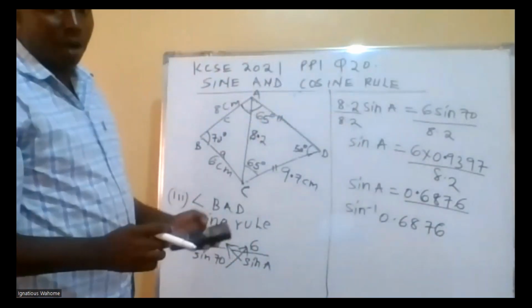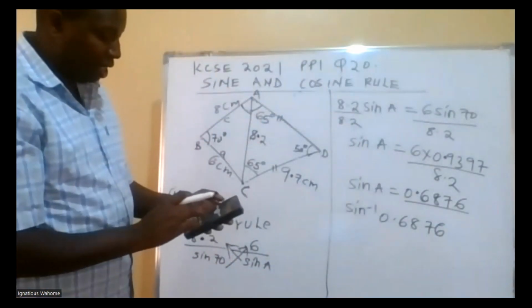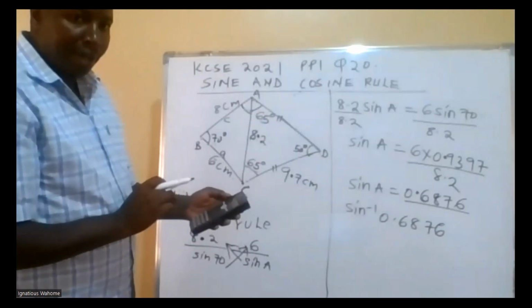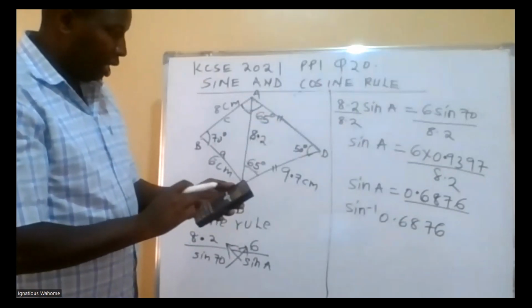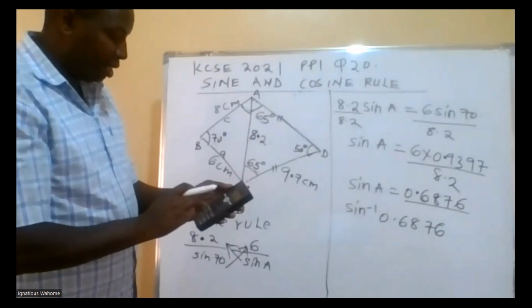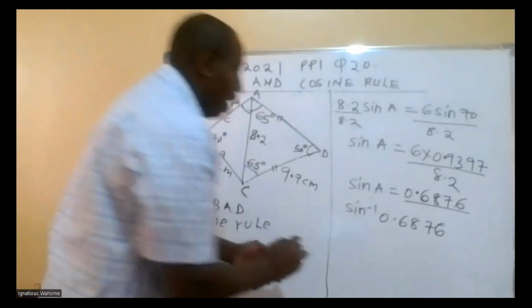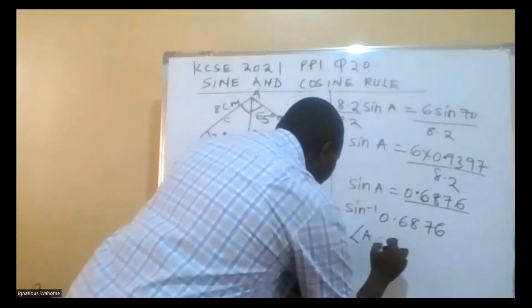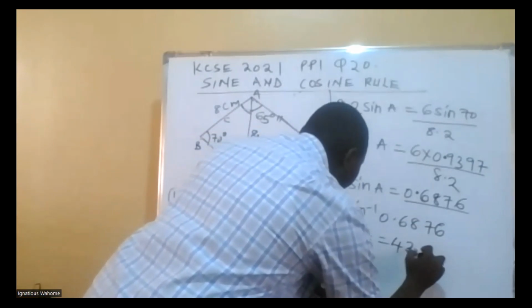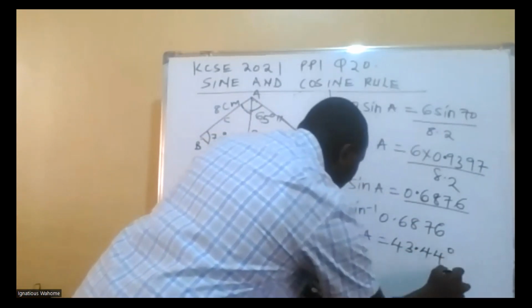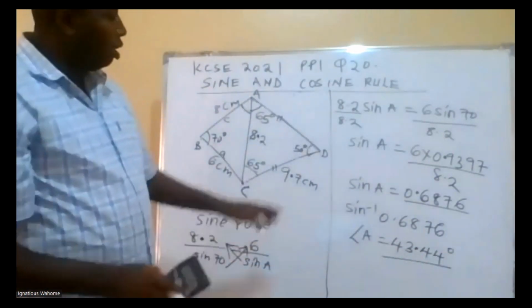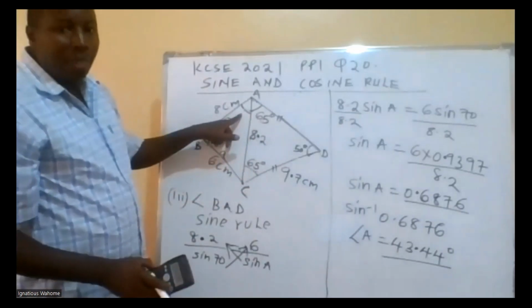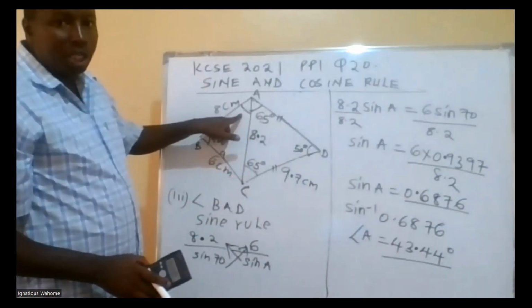You can use your maths table or take your calculator and press shift sine, then 0.6876. You get your angle A is 43.44 degrees. So the size of this angle is 43.44 degrees.